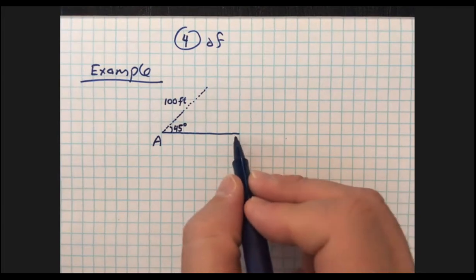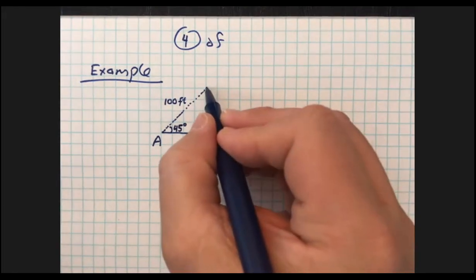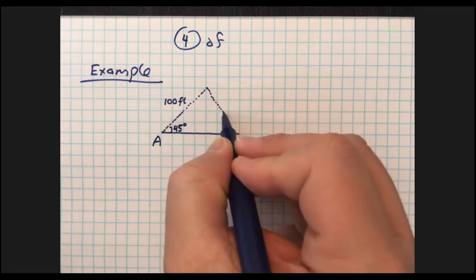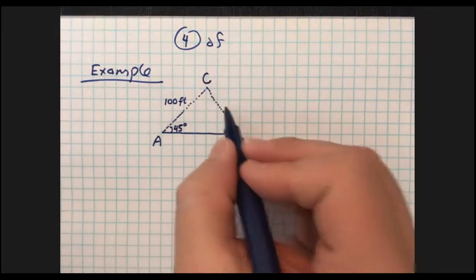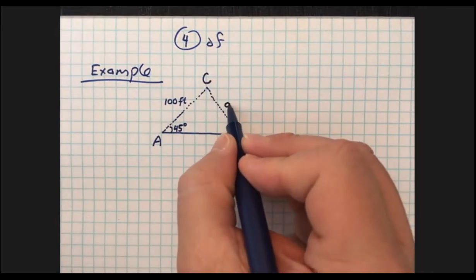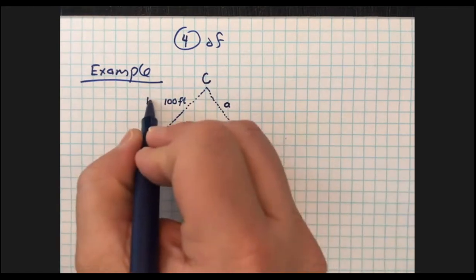Now, in the concept of labeling triangles, let's call this B and C. And you remember we were taught to label the side opposite an angle with a lowercase letter.